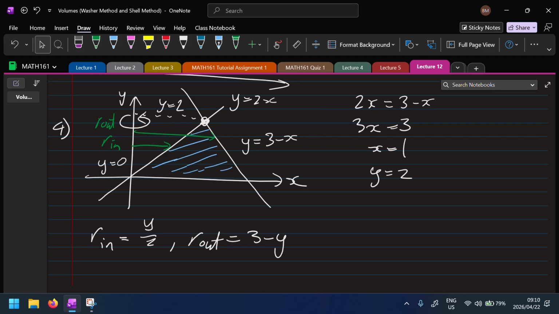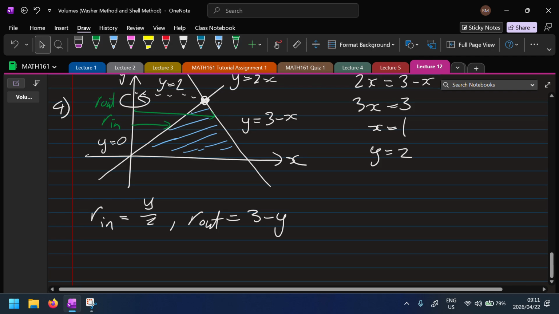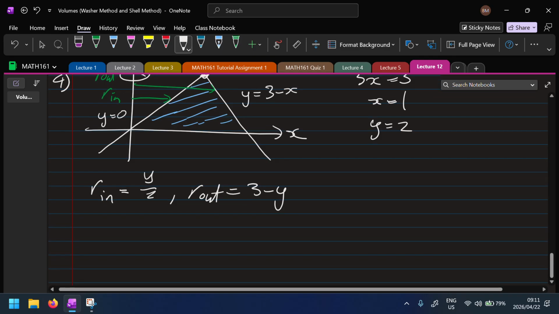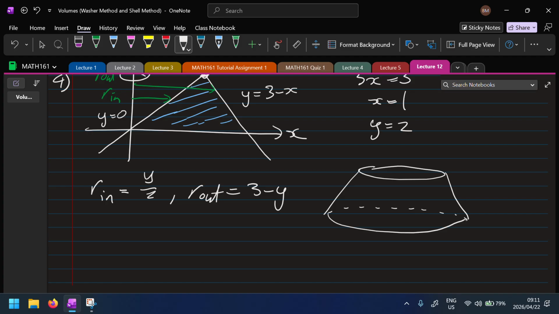So let's see what this looks like. The y equals 3 minus x is kind of the bottom bit of a cone because it's not extended up. So it's going to look something like this. That top bit's kind of cut off there. And then that hollow part from y equals 2x will be an upside down cone inside the shape.